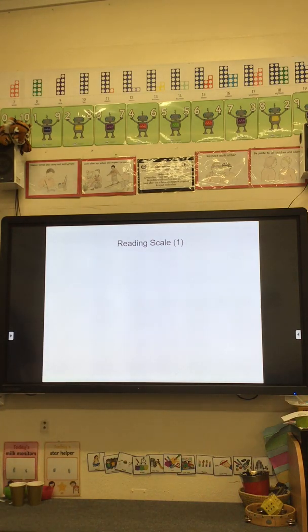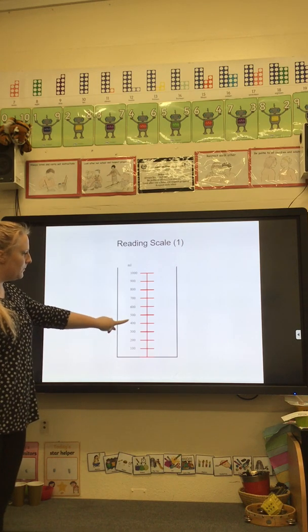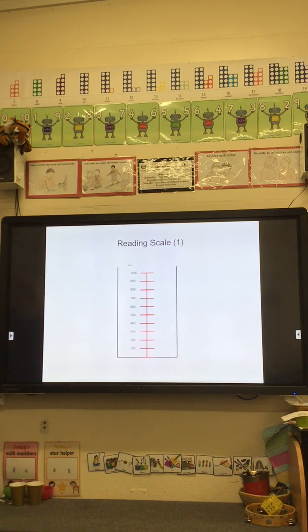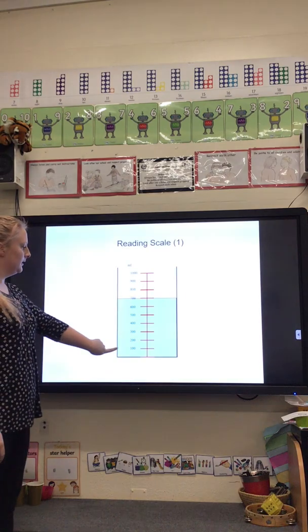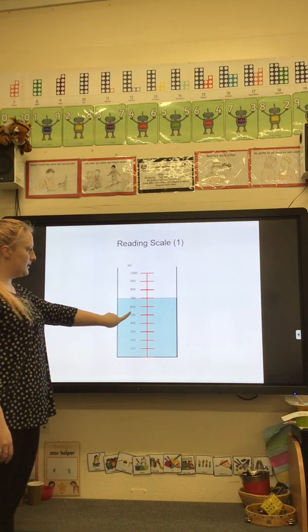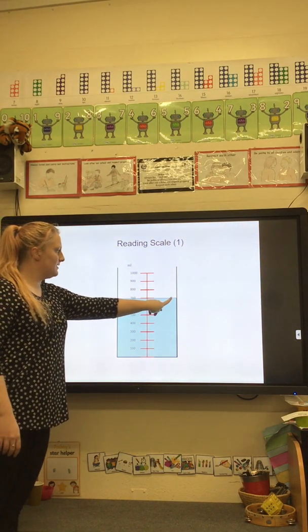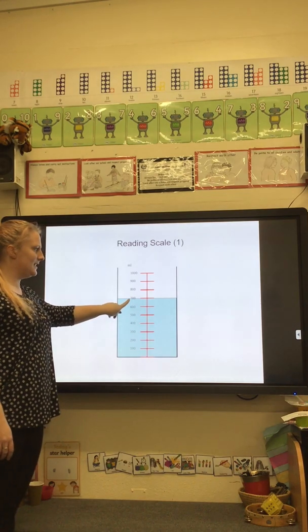Okay, you ready for the next one? So our scale is still going up in 100s. Let's find out how much liquid is in this one. Oh, much more this time. Let's look up. Where does the line stop? Here it stops. What number is this?